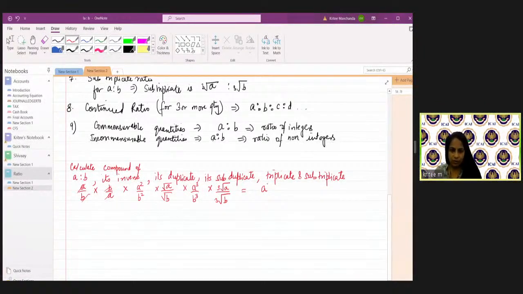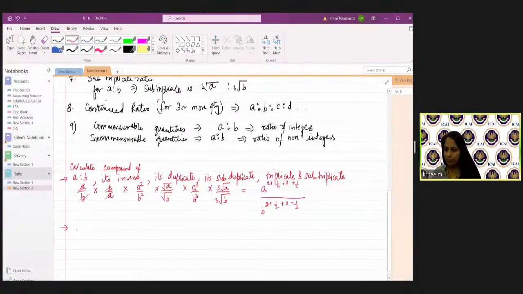This is going to be 2 plus half plus 3 plus 1, the same for power. So when you solve this, that's going to be the answer. But this is not something which we are required to do as of now.